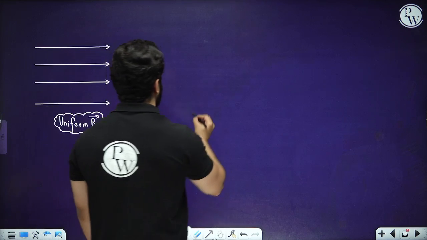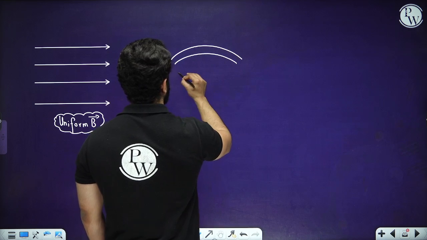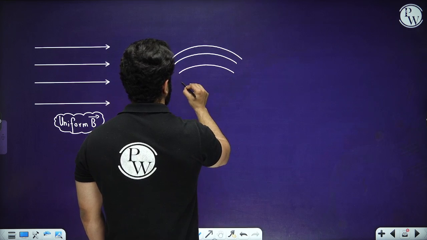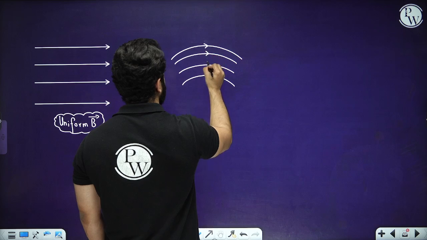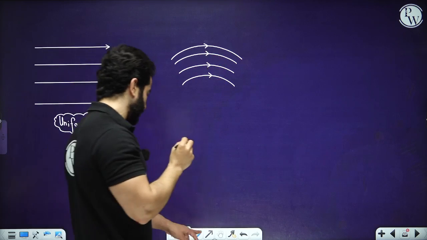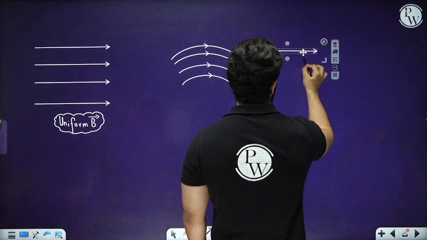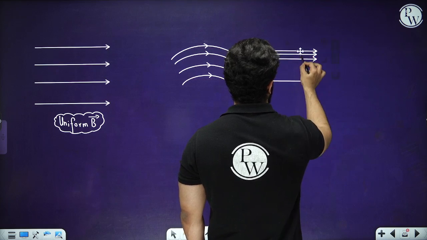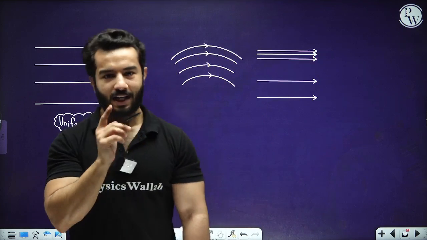Other than this, suppose you have magnetic field lines like this. I tried to make them equidistant, but still the direction is not the same everywhere, right? Or something like this: here the direction is the same everywhere, but they are not equidistant.